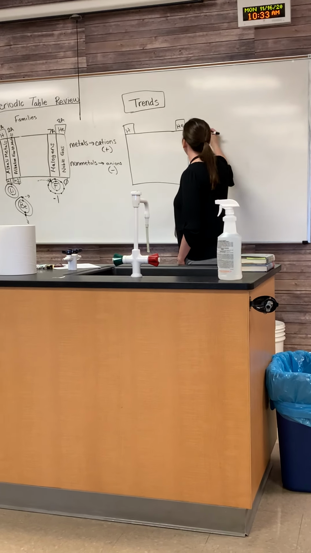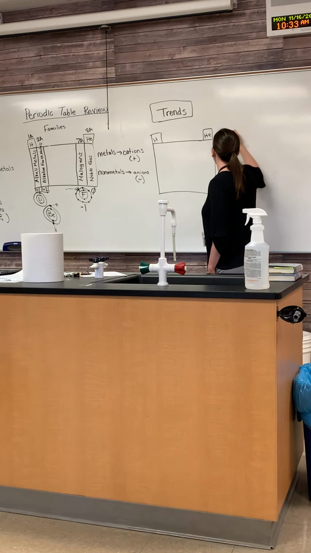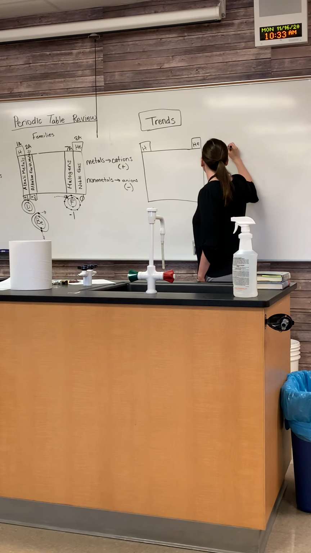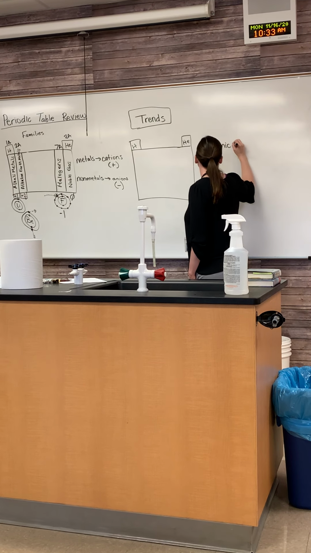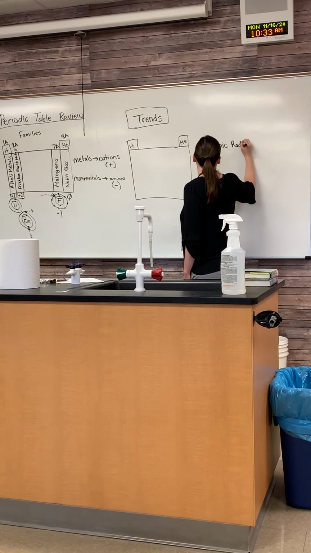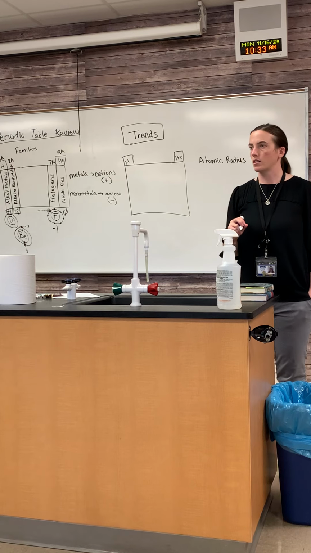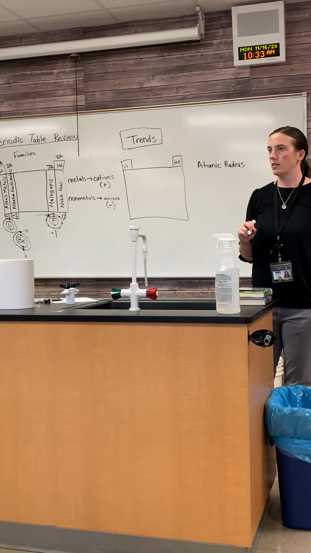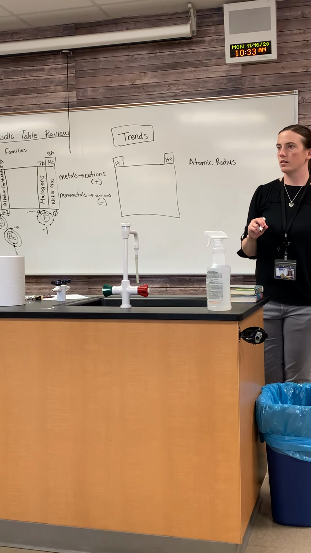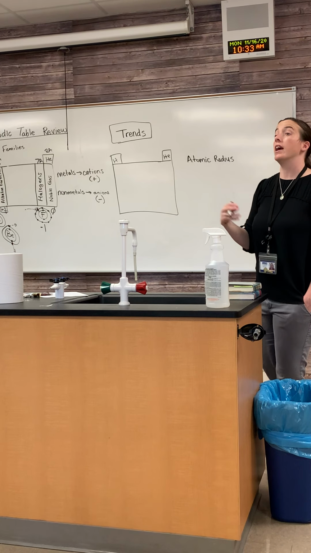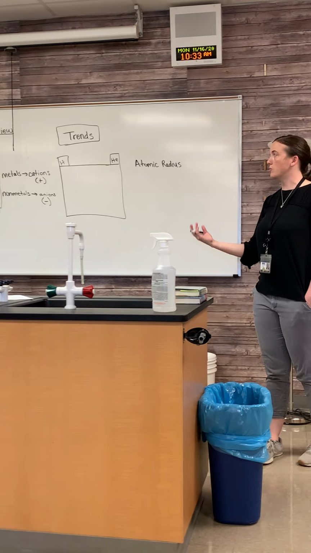All right, the first trend that we're going to talk about is atomic radius. I think the other reason why this one's mostly hard for us to understand is that everything else we've been going over since 7th grade. Yes, and so this is the first new topic.